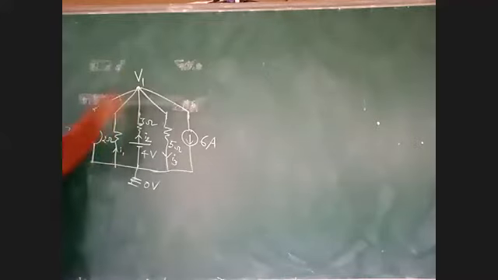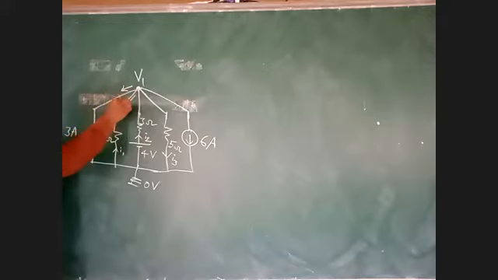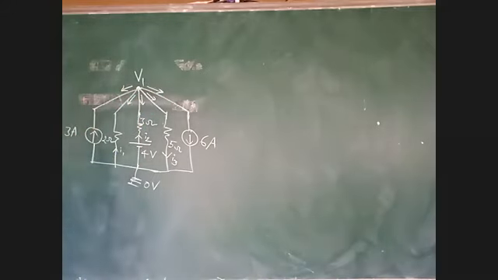Let us take the voltage at this node as V1. Assume all the currents are leaving from the node point for determining node voltage. Forget about the current directions given in the problem.